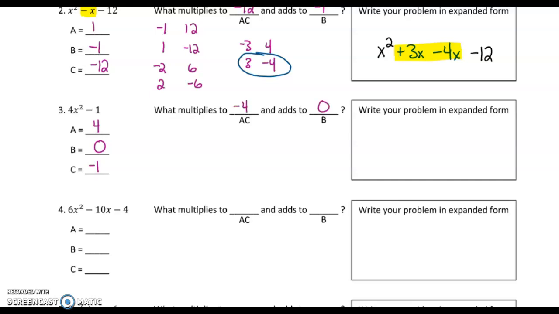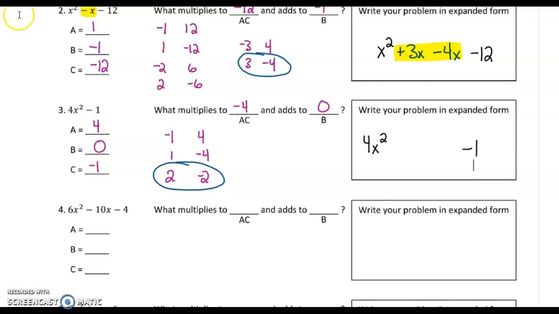B is 0. So things that multiply to negative 4 are negative 1 times 4, or positive 1 times negative 4, or 2 times negative 2. Which one adds to 0? That's going to be 2 and negative 2. So remember, when we write in expanded form, we have the 4x squared and the minus 1.